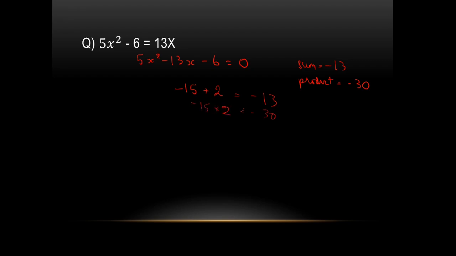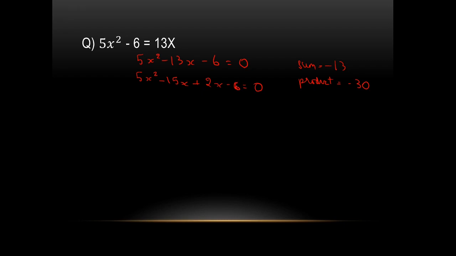So minus 15 and 2 are our two terms. Let us write it as 5x squared minus 15x plus 2x minus 6 is equal to 0.